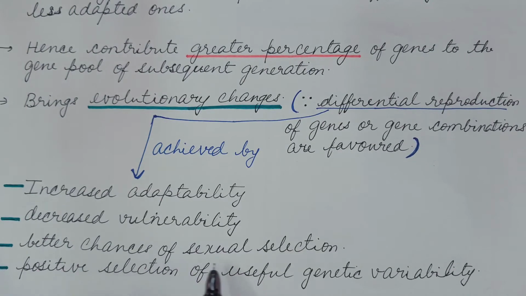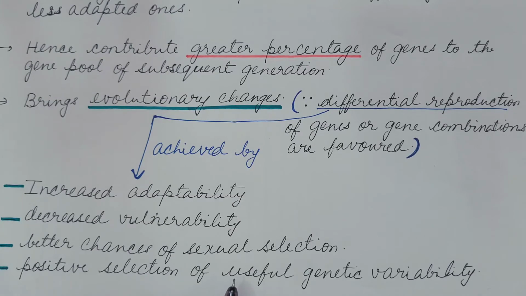Better chances of sexual selection, that is, these have more chances of being sexually selected. Positive selection of useful genetic variability. Useful genetic variability is positively selected and then contributed to the subsequent generation.